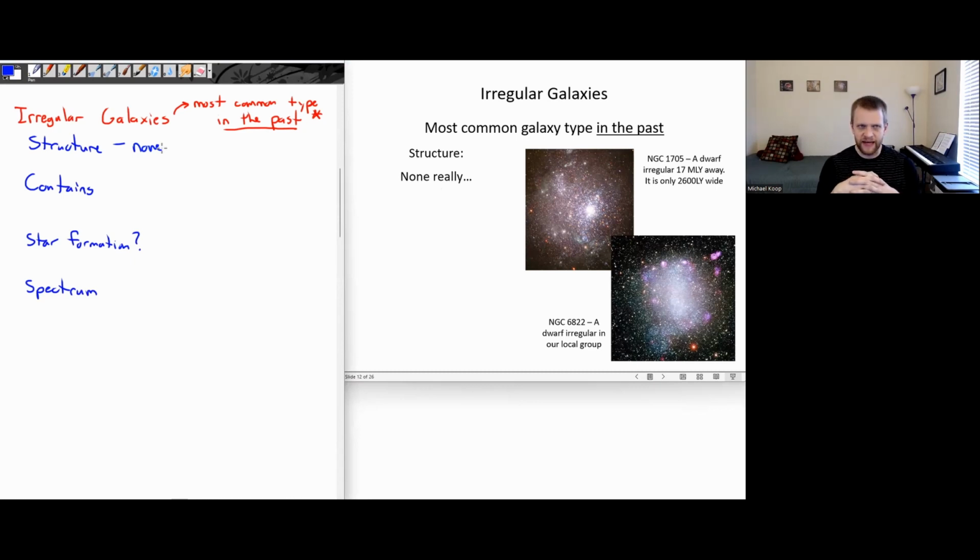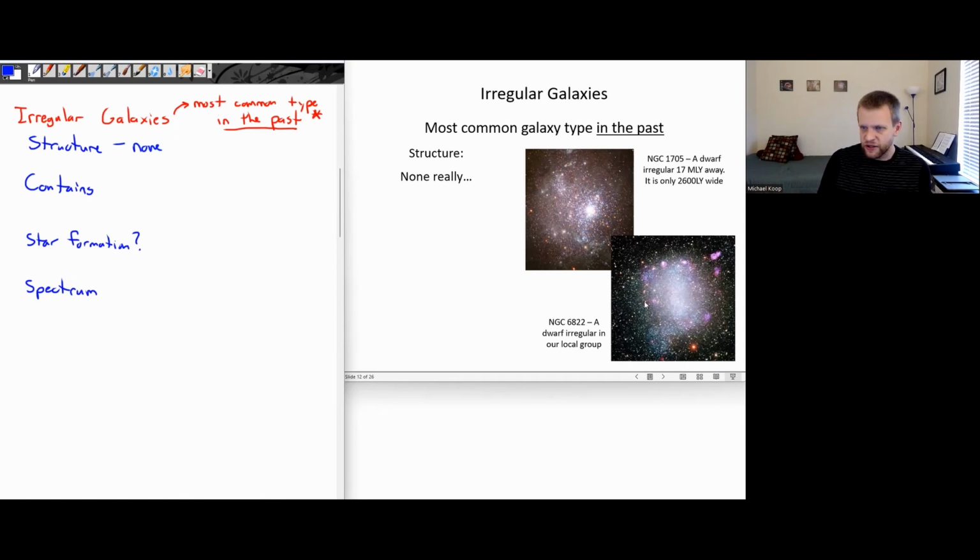I think of them as if you've ever tried to fry an egg and the yolk breaks and spills out in a weird random direction. It kind of reminds me of that. I don't know if anyone else sees that in some of these images. So it doesn't really have a central bulge. It doesn't really have any halo to it. It's just this weird smearing of stars.